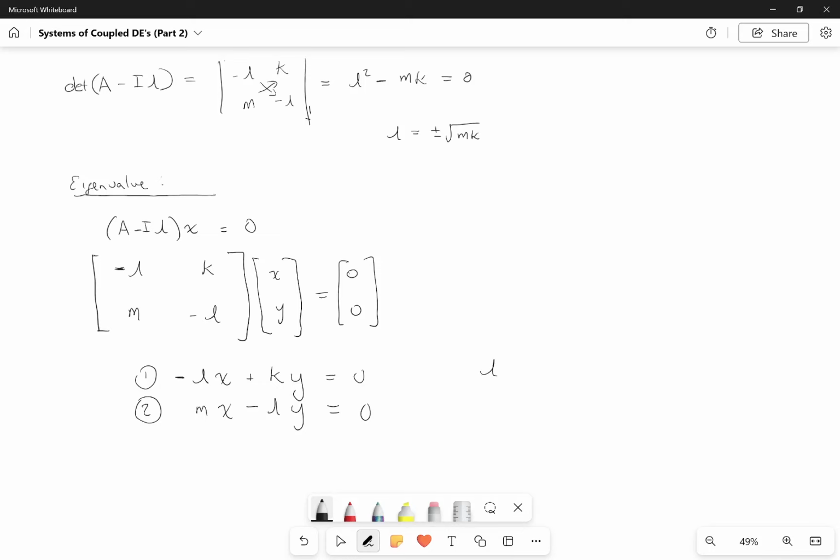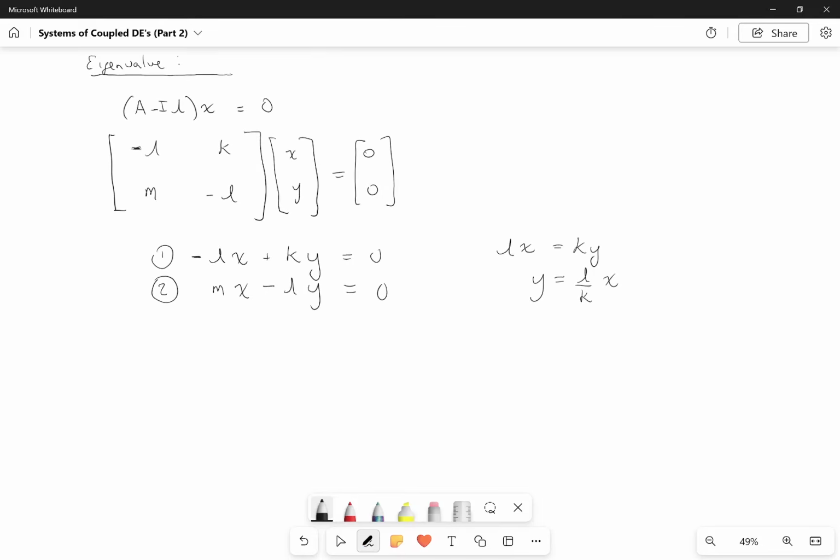Basically what we're saying is that lambda x equals ky. I want to solve for y, so y is equal to lambda over k times x. That's the relationship that we have.